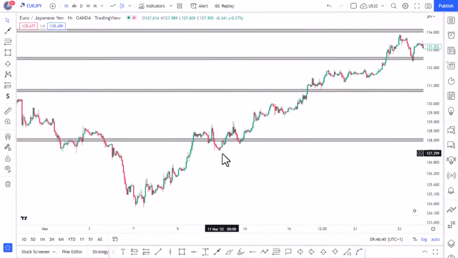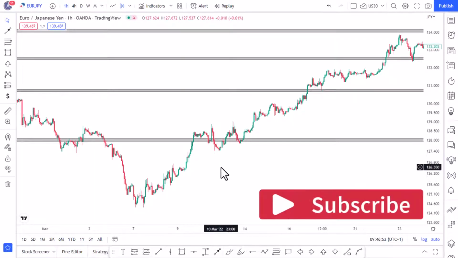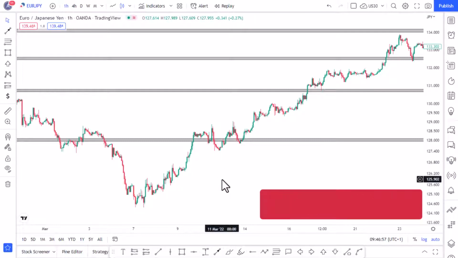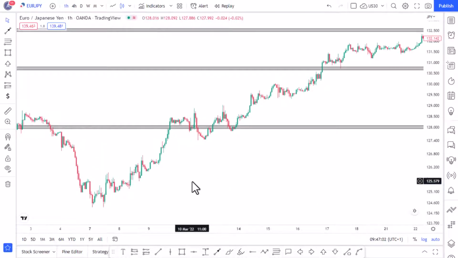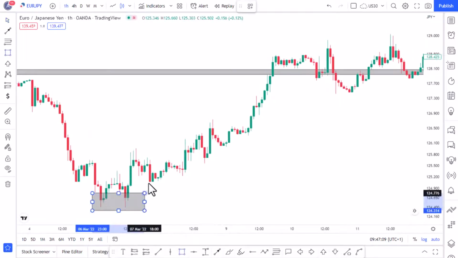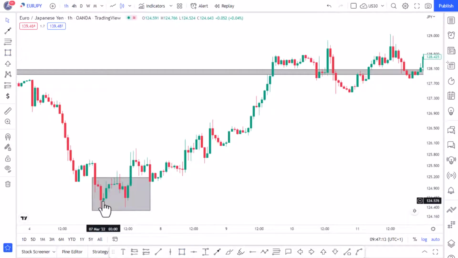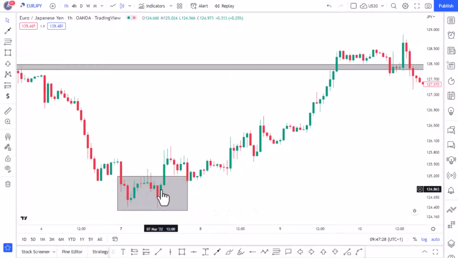So now that we know the structural position of the market and our major zones, we are going to look for bullish engulfing and bullish harami patterns in that direction and see how it looks. Right from the beginning, price forms a bullish harami, followed by an up close candle. Secondly, price forms a bullish engulfing at the same level.